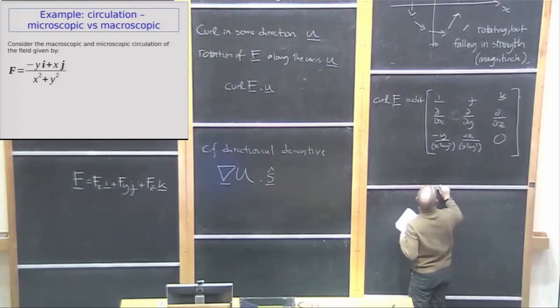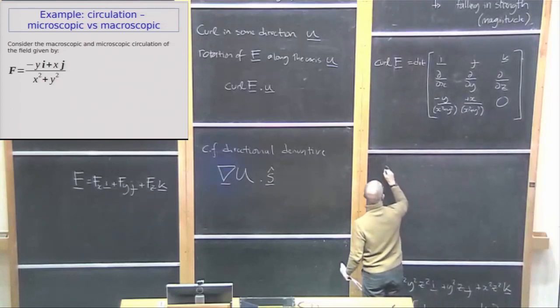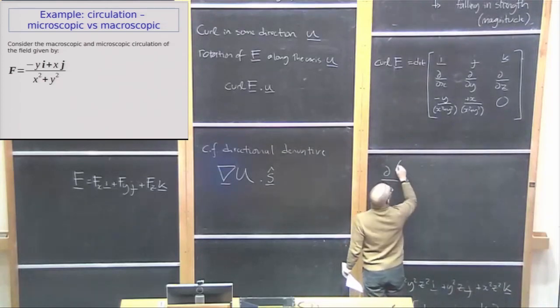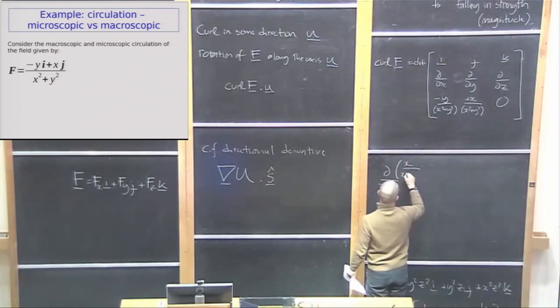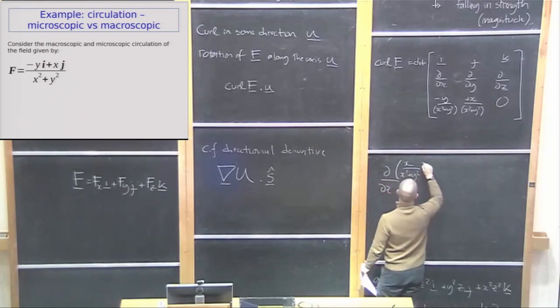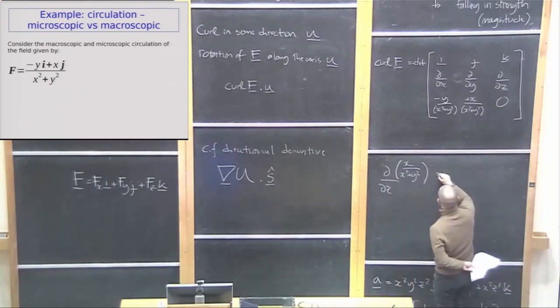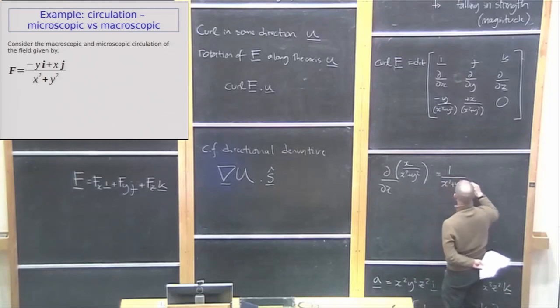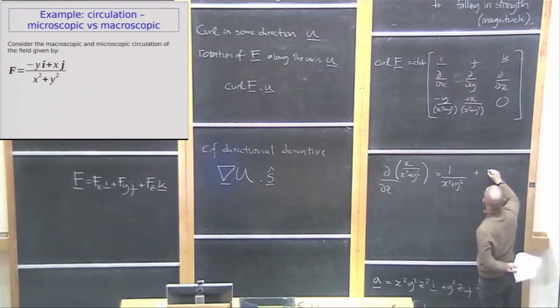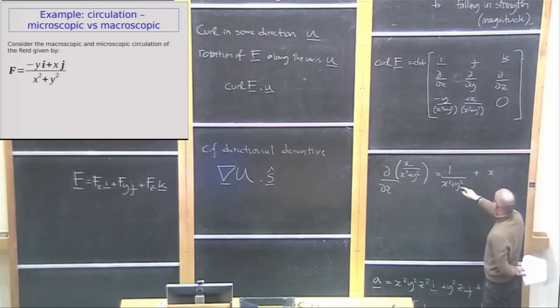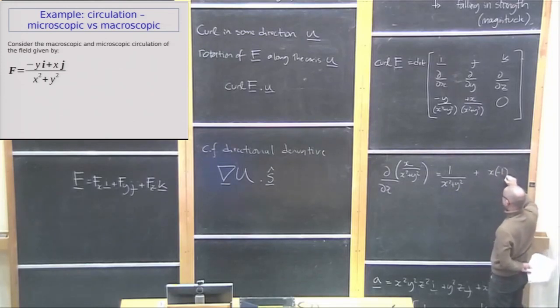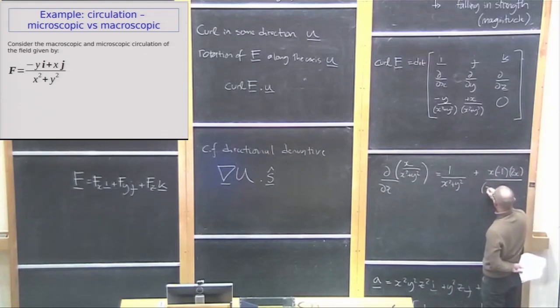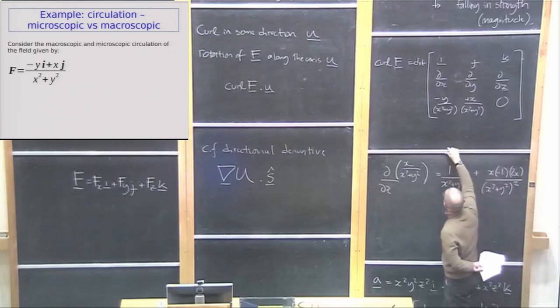So then we want to work out what is d by dx of x over x squared plus y squared. That equals 1 over x squared plus y squared, plus x times minus 1, times 2x, all over x squared plus y squared squared.